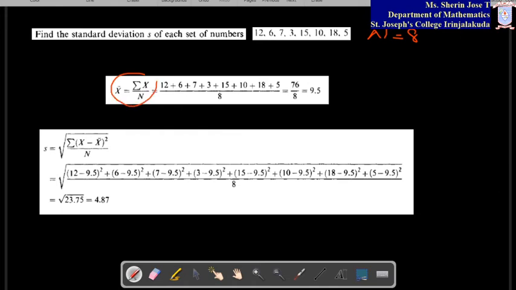Using the formula, by adding and dividing by n, we get 9.5. Then you subtract x bar from each x value, so first 12 minus 9.5. Likewise subtract each and take the square. Then divide by 8. So what is your variance? Variance here is equal to 23.75. Square root of 23.75 is 4.87, the standard deviation.